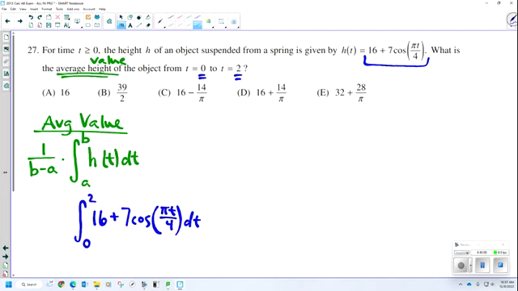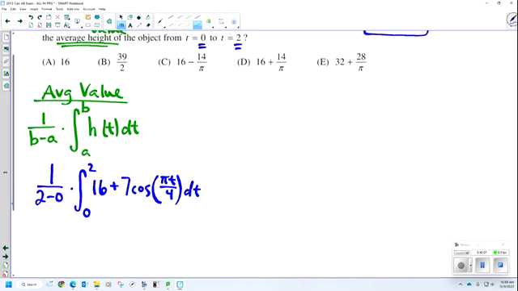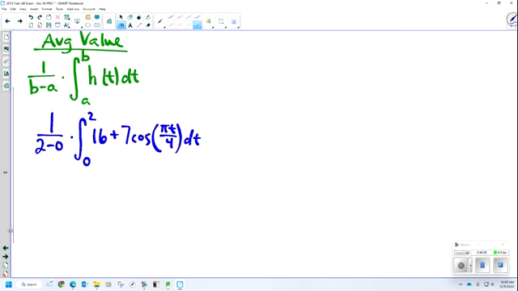So that means I have to multiply by 1 over the difference of those bounds, 2 minus 0. So this is just going to be 1/2 out front, times the integral.